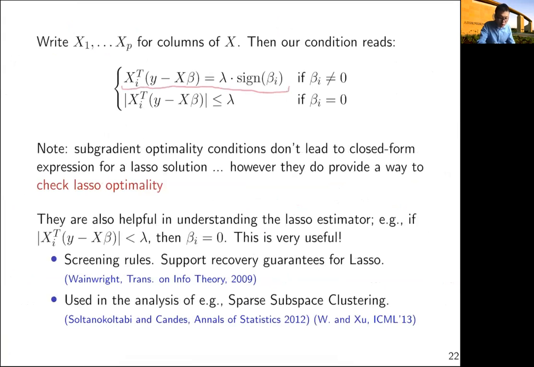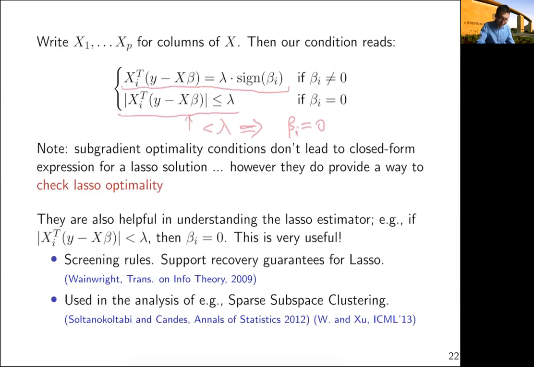For those beta i's that are 0, we need the solution beta to satisfy the condition that the absolute value of these needs to be smaller or equal to lambda. And in fact, if we can show that this is strictly smaller than lambda, then that implies that the optimal solution beta i needs to be 0.